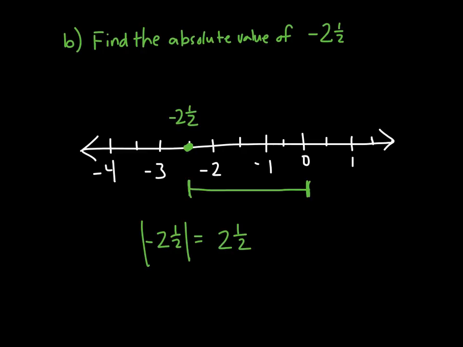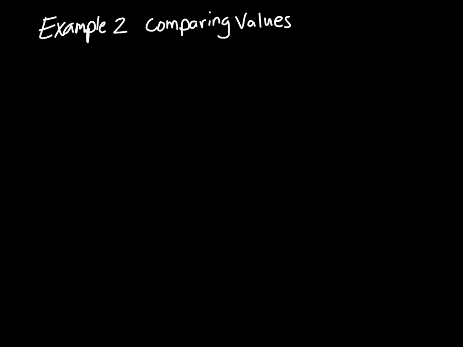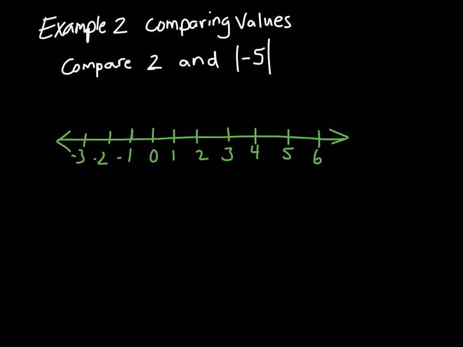Pretty easy. So example 2 is a little bit different. It's comparing values. So if we were comparing 2 and the absolute value of -5, it would look like this. The first thing you're going to want to do is graph both 2 and -5, the absolute value, on a number line. So be careful, we're going to compare 2 and the absolute value of -5.